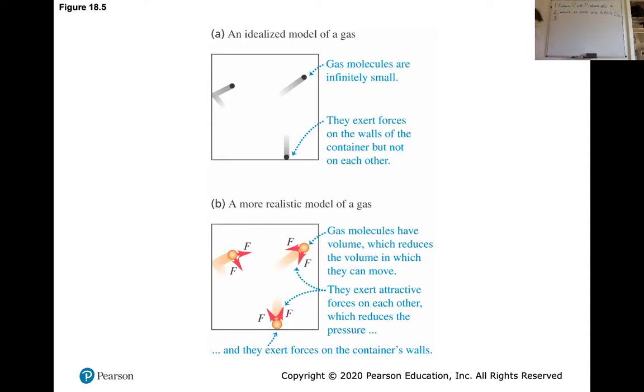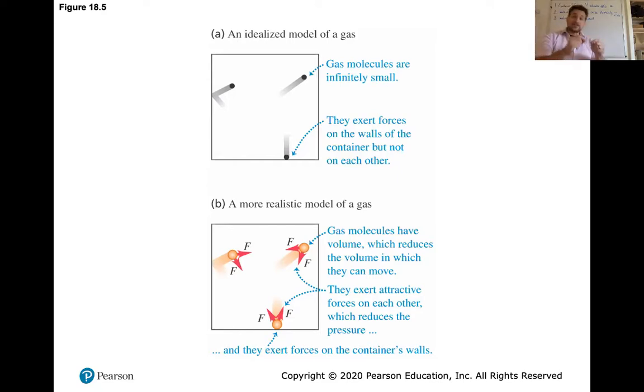Three, and that sort of follows up, the molecules do not interact. One going by the other, they don't see each other. They have no idea that the other molecules are even there. We assume that they're very, very, very far apart compared to how big they are, which I guess is okay because they're points, so they have no size.